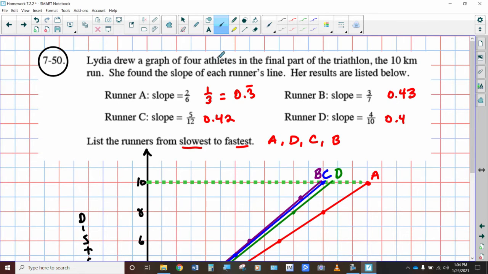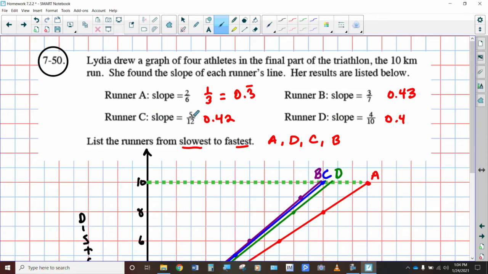Lydia drew a graph of 4 athletes in the final part of the triathlon, the 10-kilometer run. She found the slope of each runner's line. Her results are listed below. Runner A had a slope of 2.6, which I converted to 1/3, which in decimal form is 0.3 repeated. Runner B had a slope of 3/7, which rounds off to 0.43.